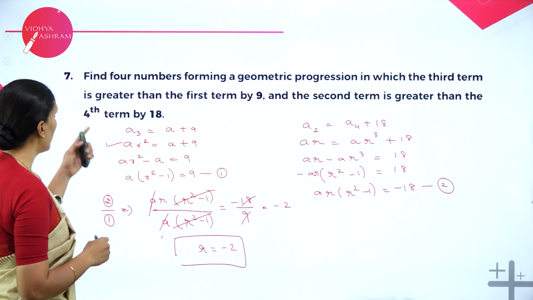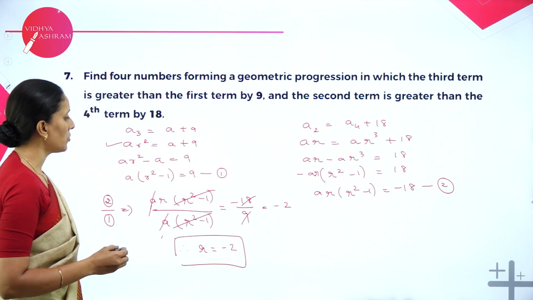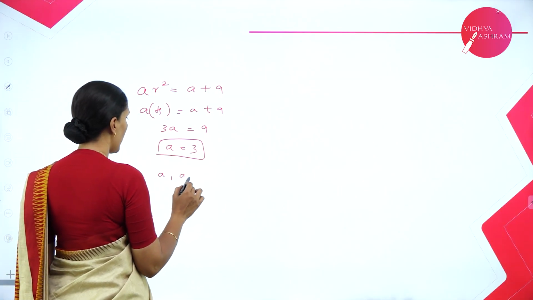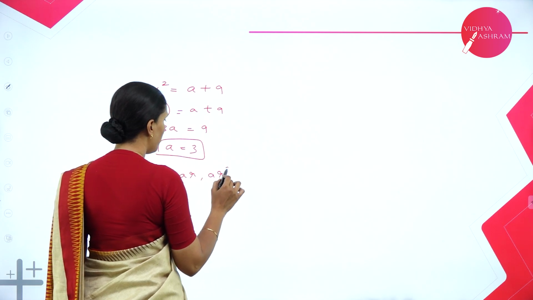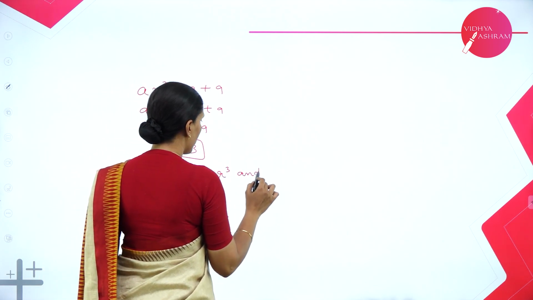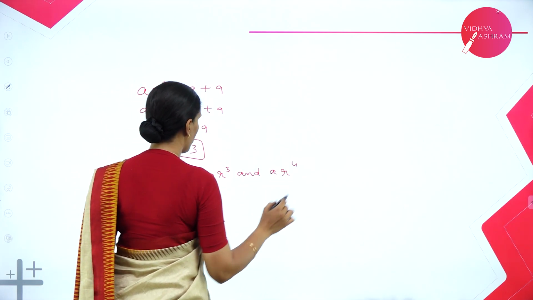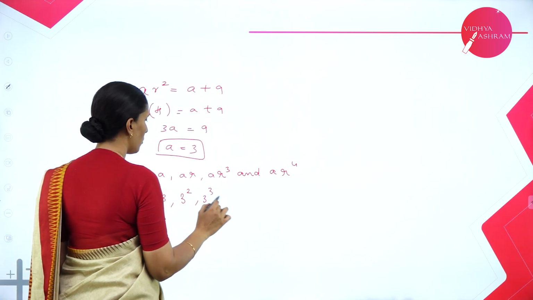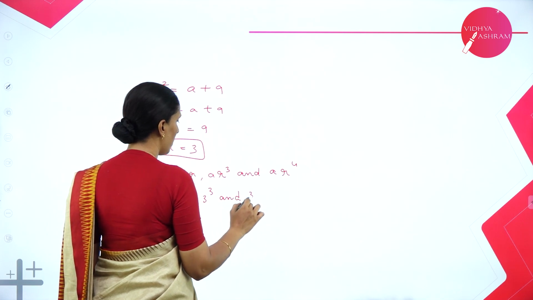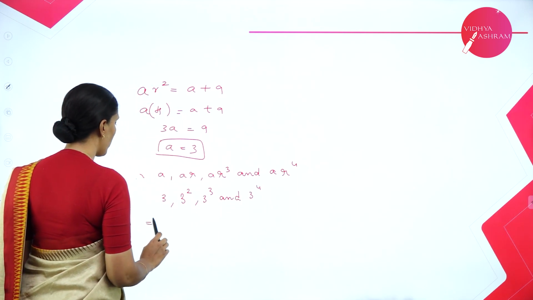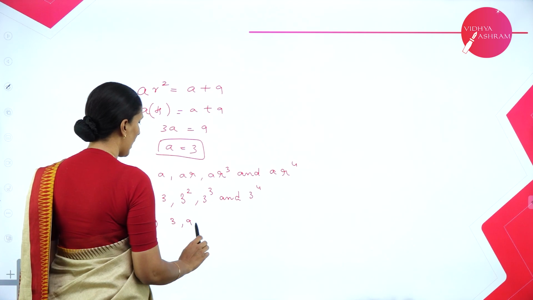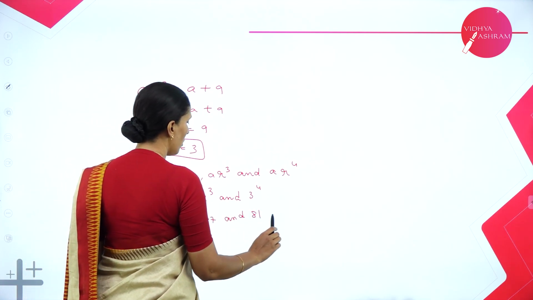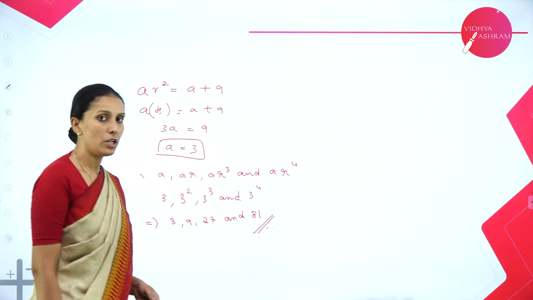So therefore the 4 numbers of the geometric progression: the first term is A, then AR, AR square, AR cube. Which will be 3, 3 square, 3 cube and 3 power 4. So we can also write the values as 3, 9, 27 and 81. So these are the 4 terms of the given GP.